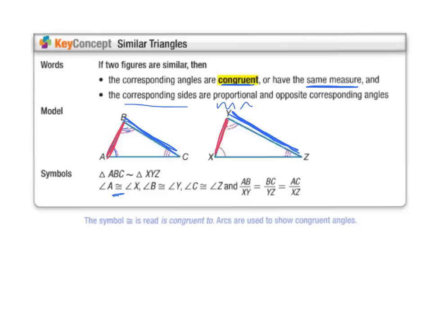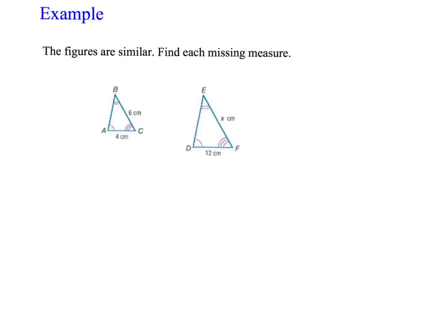Or we could also set a proportion to AC and XZ. Okay, so all of those sides together are proportional. Okay, so let's look at some examples. So this one is I do. And I want to look at these, and I'm going to find the missing measure.